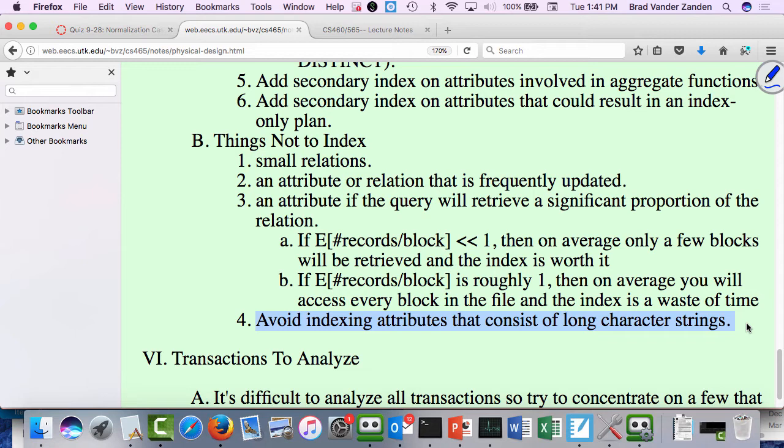So let's think about a typical tuple. It might have 50 bytes. Let's think about the address of the branch. Roughly what percentage of the branch tuple is probably occupied by the address attribute?